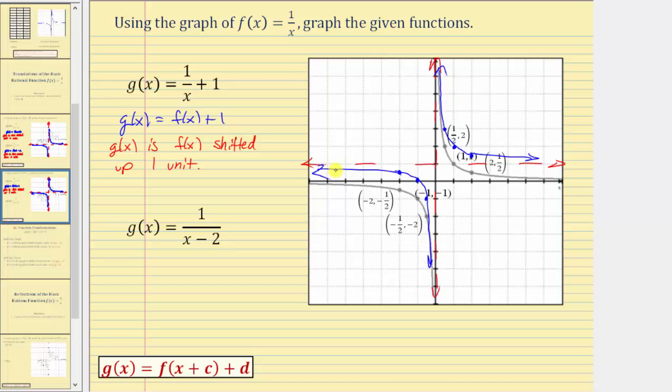And for our last example, we want to graph g of x equals 1 divided by the quantity x minus 2. Notice here we can say that g of x is equal to f of the quantity x minus 2. And because we have the quantity x minus 2 here, g of x is the graph of f of x shifted right 2 units.